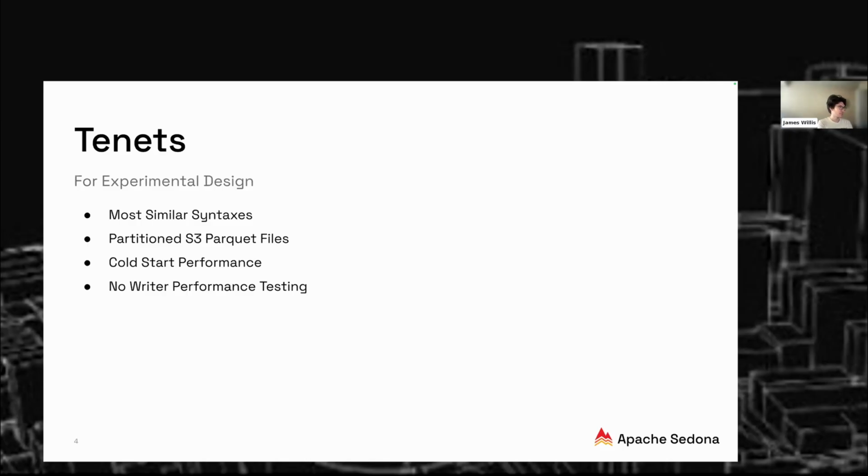Another thing was using partitioned files in an object store. Specifically, those were in S3 and they were Parquet files. So this meant at scale factor 1000, rather than having, I think it's a 250 gigabyte trips file in a single Parquet, we would break that up into very roughly 256 megabyte files.